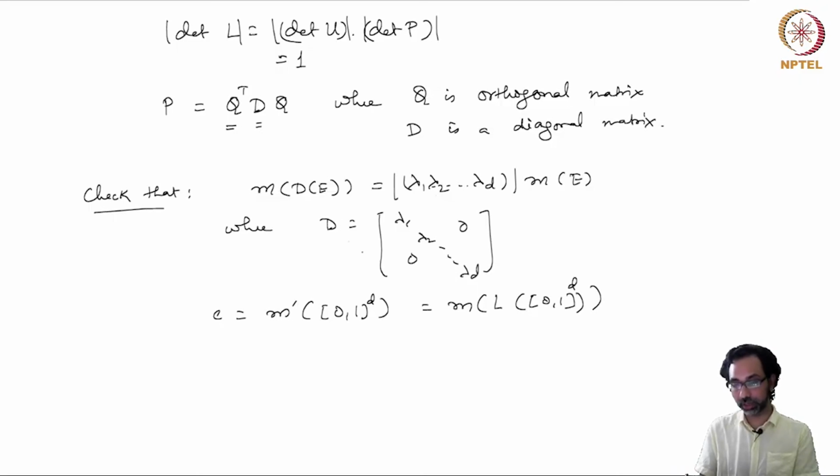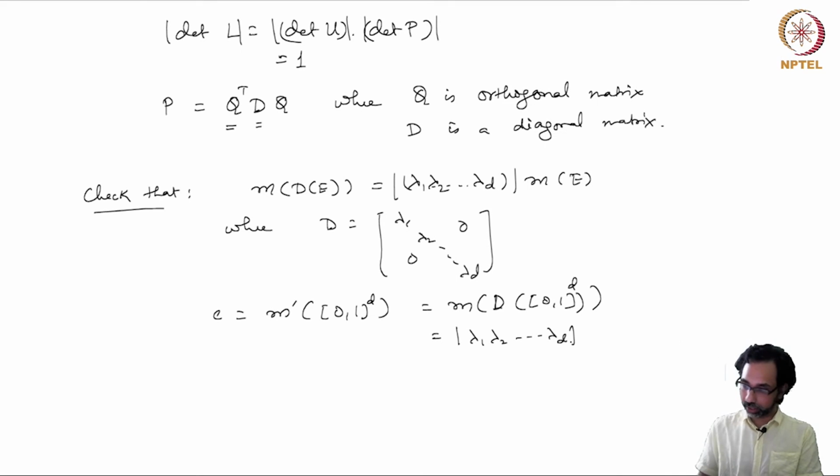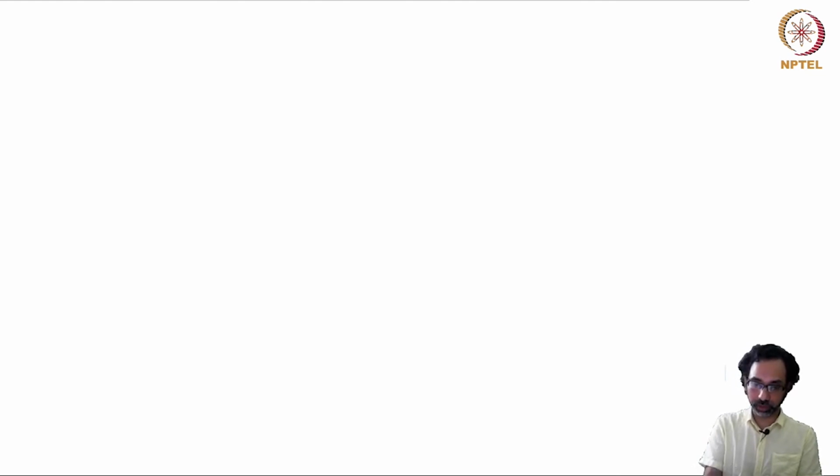So in this case, when D is a diagonal matrix, then the image will still be a box. So here L is our D, and in this case this will be simply the modulus of lambda 1, lambda 2, lambda D.